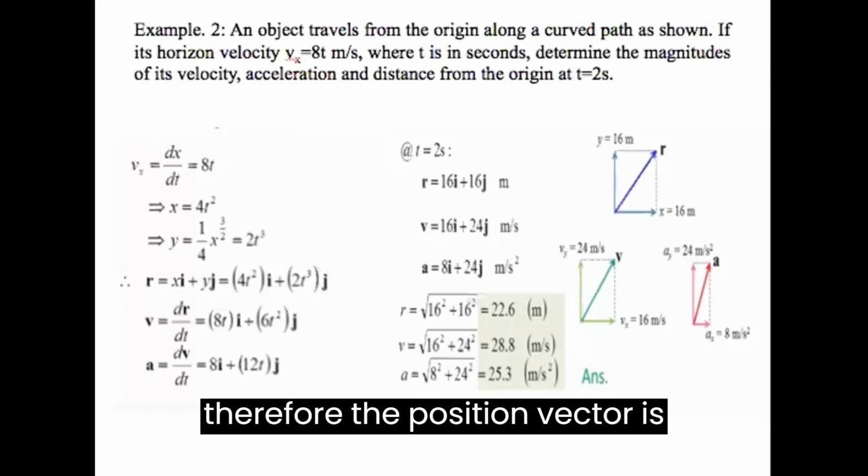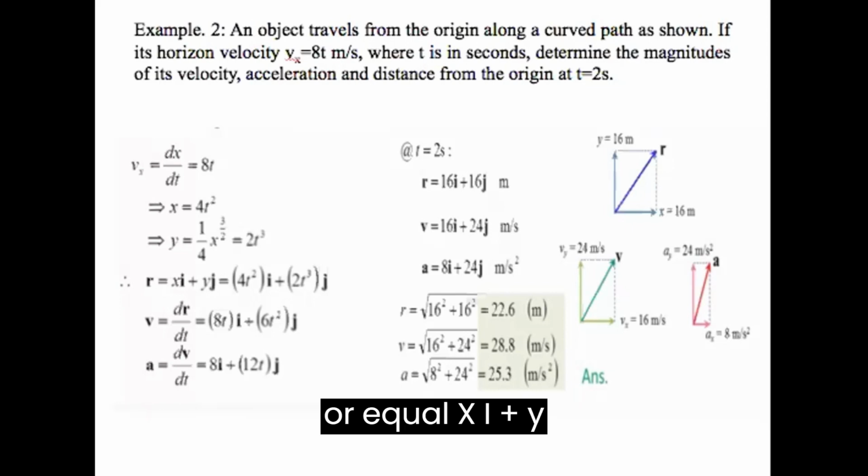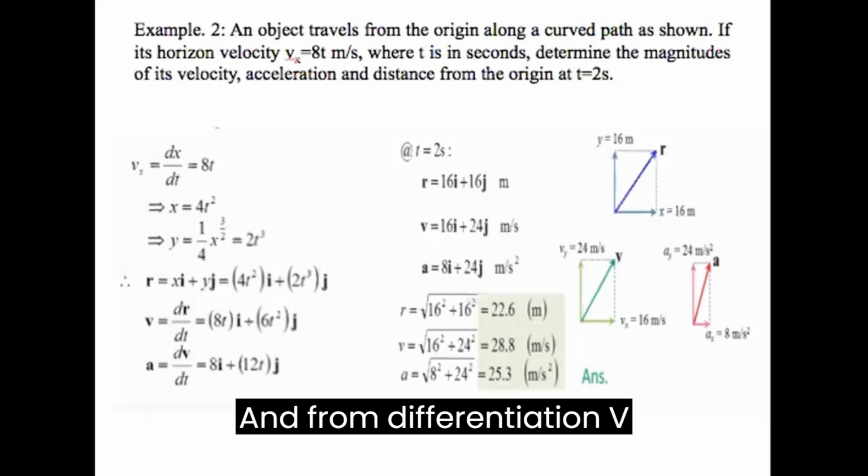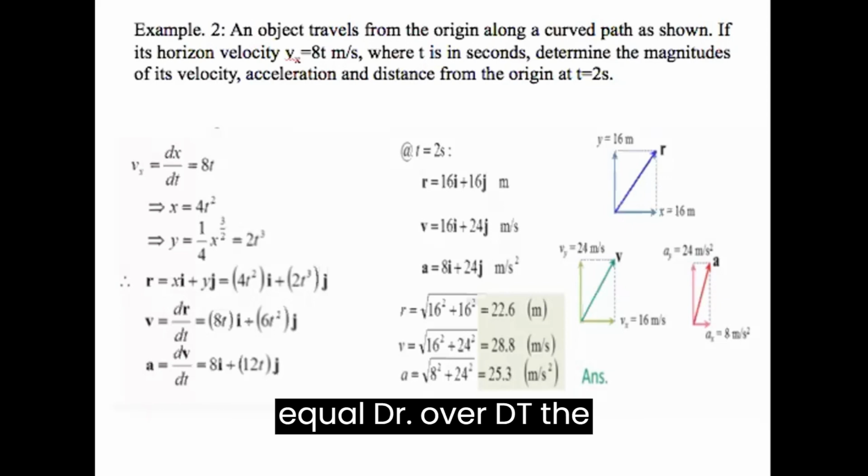Therefore, the position vector is r equals xi plus yj, which equals 4t squared i plus 2t cubed j. And from differentiation, v equals dr over dt.